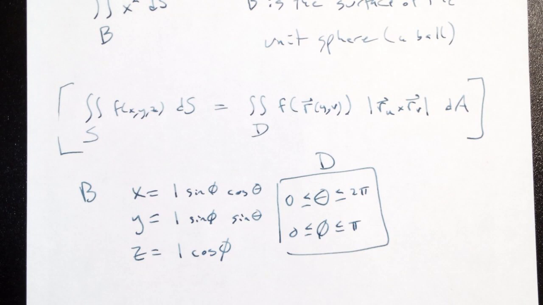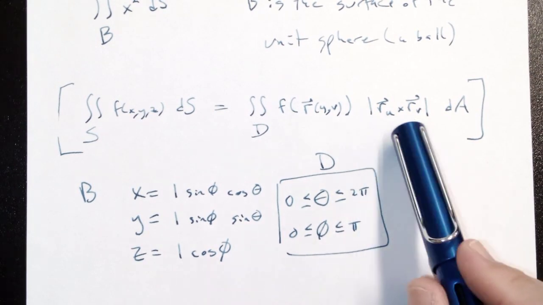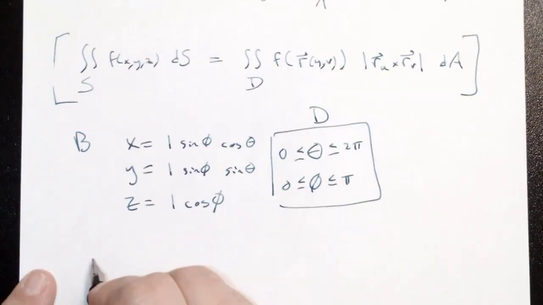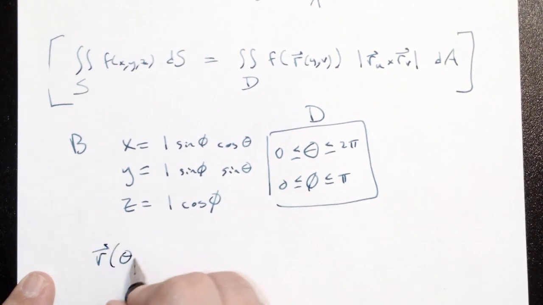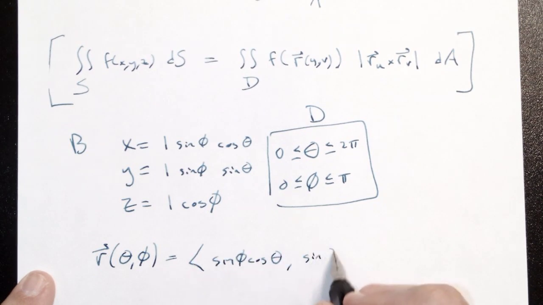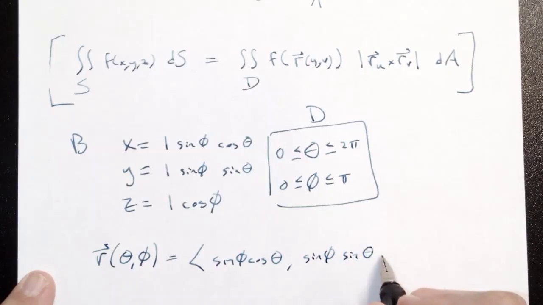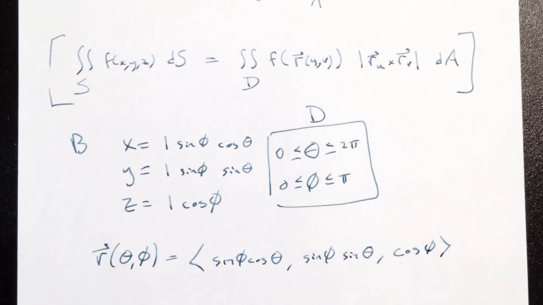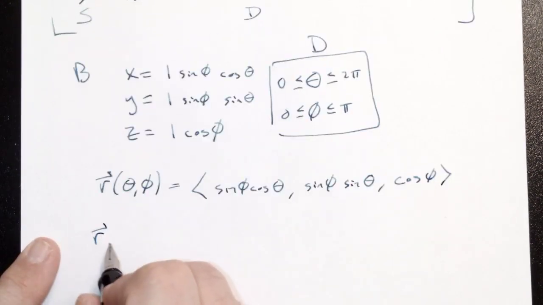Doesn't matter. But I need this. So r of theta, phi is sine phi cosine theta, sine phi sine theta, cosine phi. I need my partial derivatives. I need r with respect to theta. I need r with respect to phi.